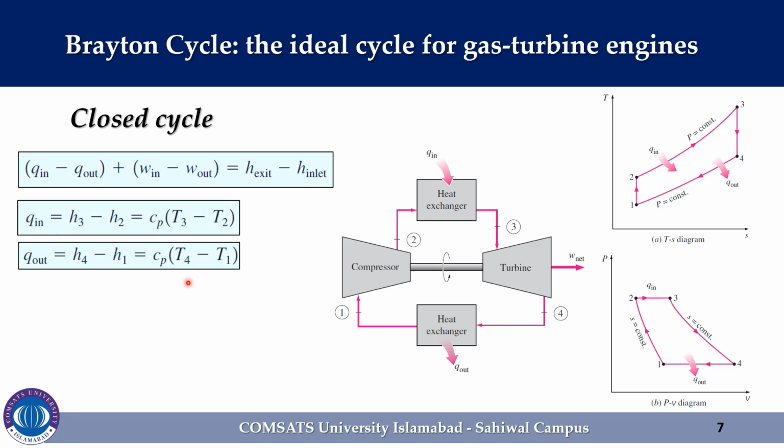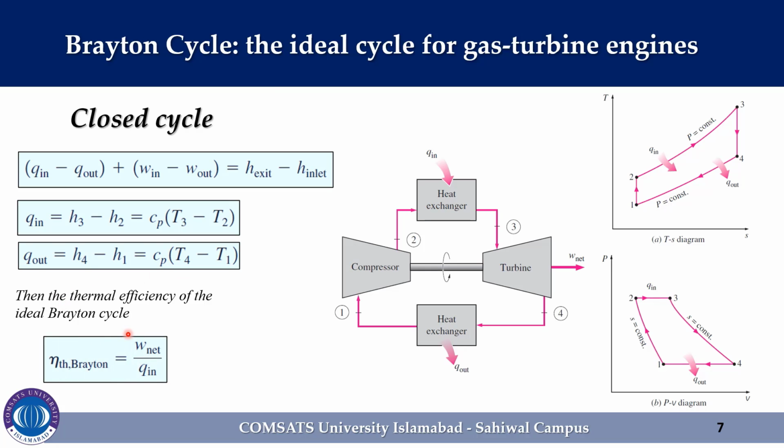Then the thermal efficiency of the ideal Brayton cycle under the cold air standard assumptions becomes W net over Q in. As we know, W net can be expressed as Q in minus Q out, so the equation for efficiency can be written as 1 minus Q out over Q in.